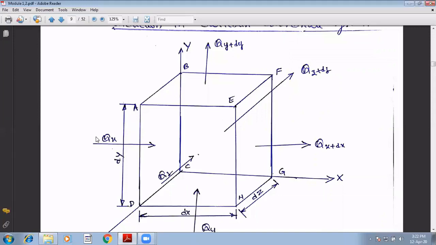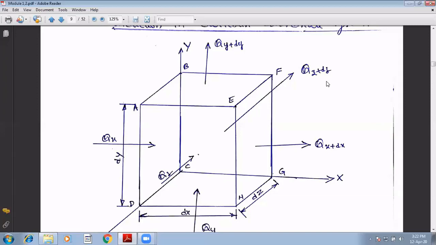I will consider the amount of heat flowing in the x direction, denoted qx, and the amount of heat leaving the element in the x direction, qx plus dx. Similarly, qy is the heat entering in the y direction, and qy plus dy is the heat leaving in the y direction. Similar is the case with the z direction. qz is entering and qz plus dz is leaving the element.